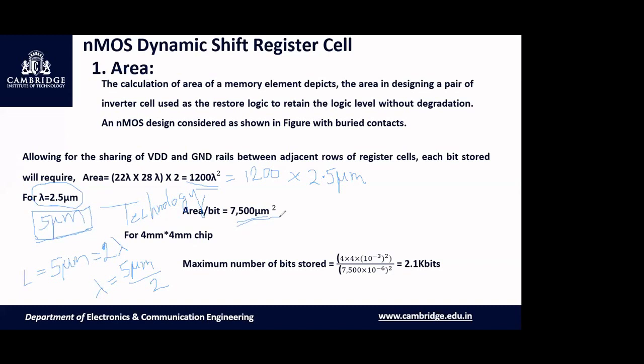Understood? Okay. Next, I'll give you a small IC chip. I'll ask you how many NMOS dynamic shift registers can be integrated in this, and how many bits of information you can store.